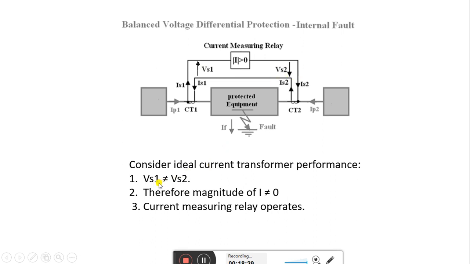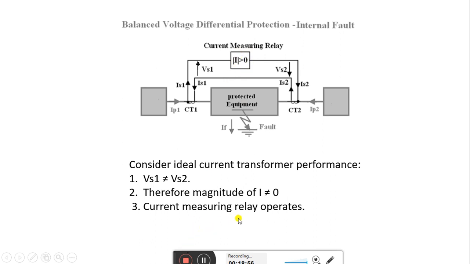So we have written here that VS1 will not be equal to VS2. Therefore, the magnitude of the current I will not be equal to 0. It means this current will be greater than 0. And if this current is greater than a set value of the current, then this relay will operate.